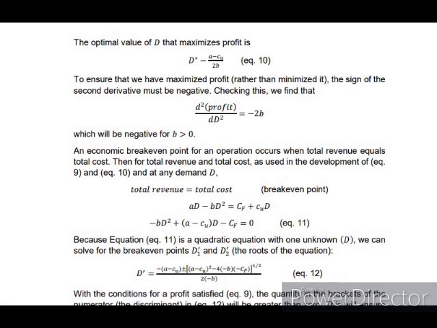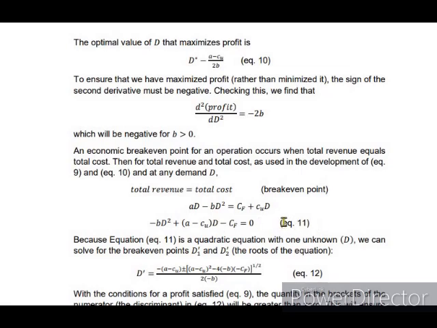So an economic break-even point for an operation occurs when total revenue equals total cost. So if the two become equal, it will be an economic break-even point. Then for total revenue and total cost, as used in the development of equations 9 and 10, at any demand D, the total revenue is equal to total cost for it to become a break-even point.